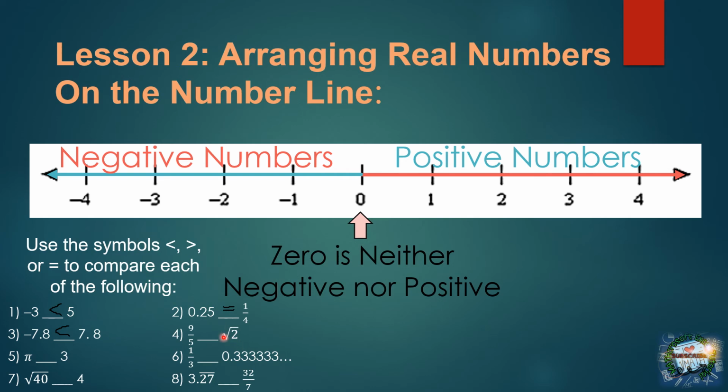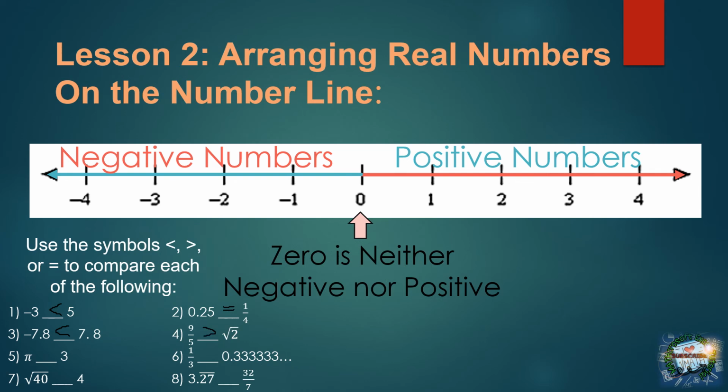It's between square root of 1 and square root of 4, so it's between 1 and 2, pero mas malapit siya sa 1. So, that's approximately 1.414. Ibig sabihin nun, mas mataas itong 1.8. So, 9/5 should be greater than square root of 2.